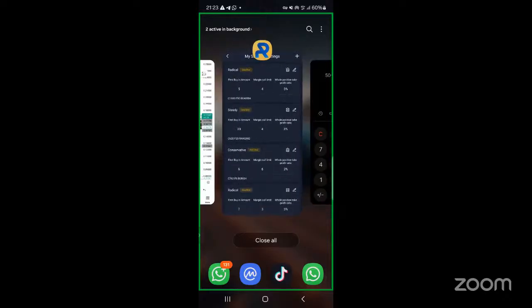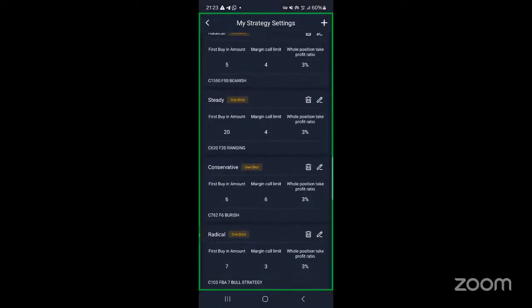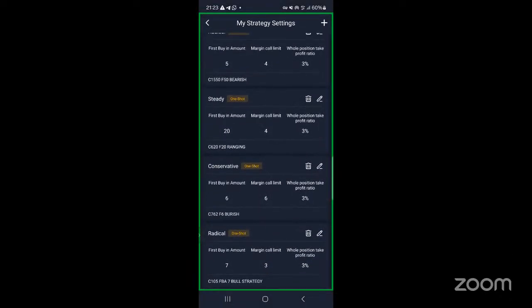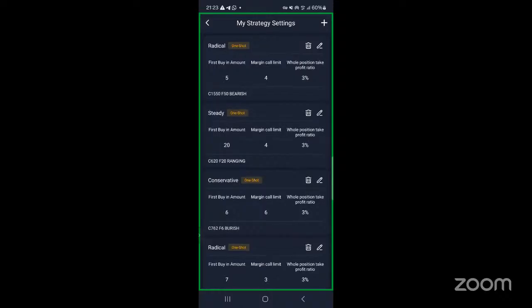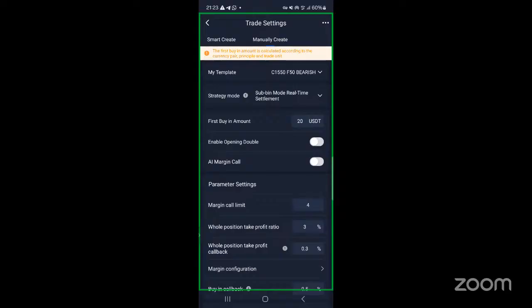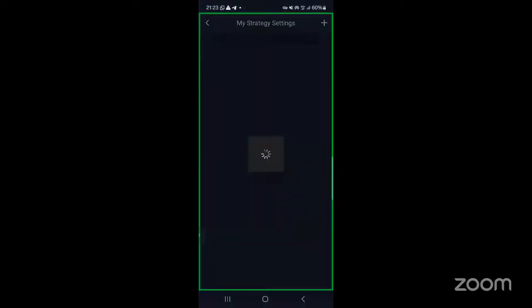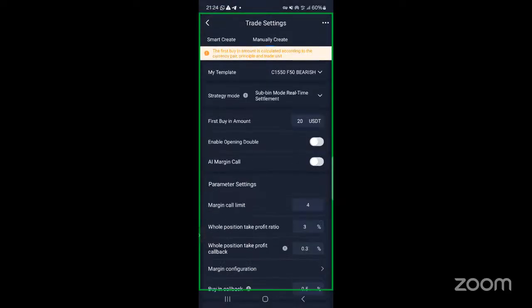So that is it, friends. I hope this is clear. We have been able to set conservative, steady, radical. So just come and tap in the strategy you want, change the first buying amount. If I want to trade with $1,550, I tap in this.